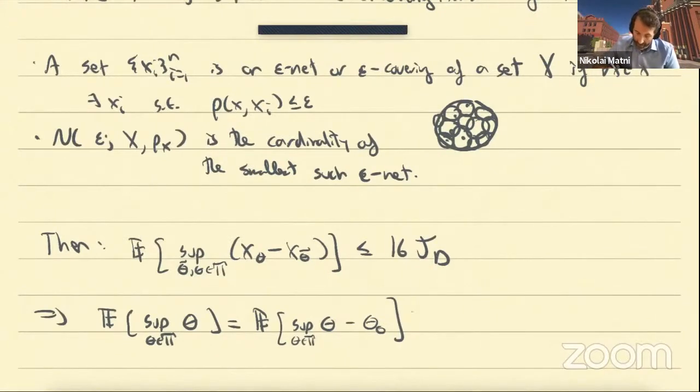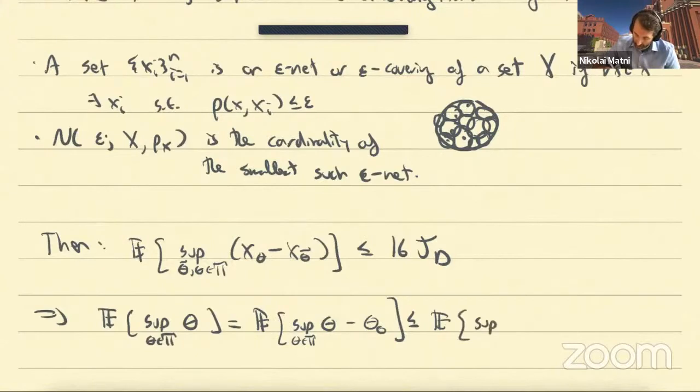And then this is clearly less than or equal to the expected value of the supremum over theta tilde in T of X theta minus X theta tilde. Right, and then that's less than or equal to 16 times the integral. And the reason we're doing this is we're going to set things up so that my stochastic process here becomes my Rademacher complexity.